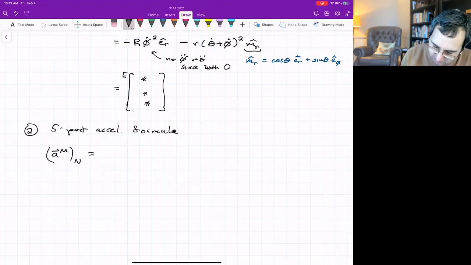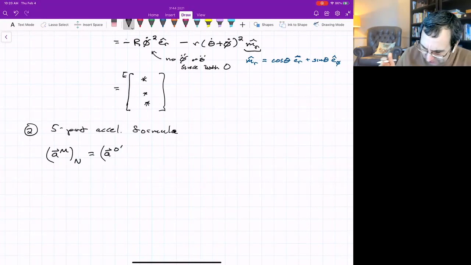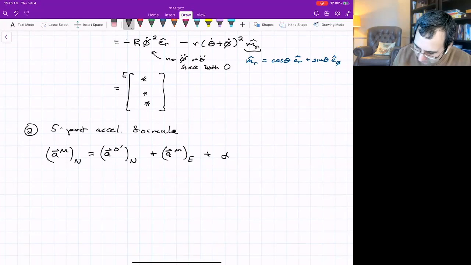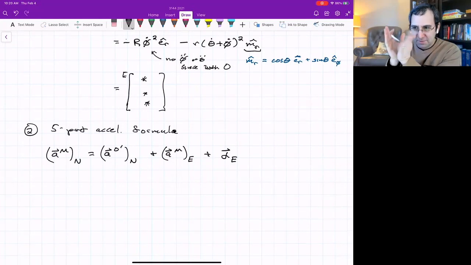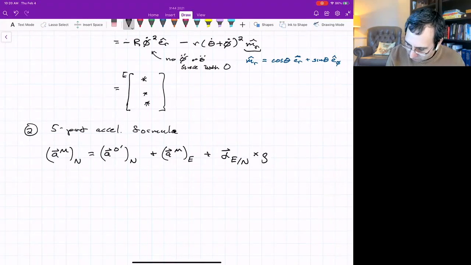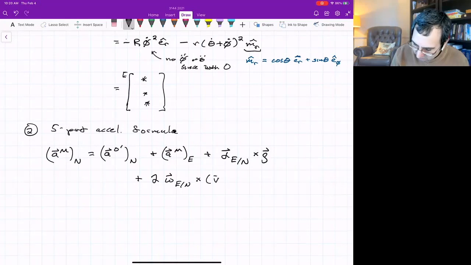Acceleration of moon with respect to the N frame would be the acceleration of our moving origin, which is attached to the Earth, with respect to the N frame, plus the acceleration of the moon as seen by the E frame, plus the angular acceleration of the E frame with respect to the N frame cross rho, because we're using the E frame as our rotating frame, plus the Coriolis, so omega E with respect to N cross this velocity.